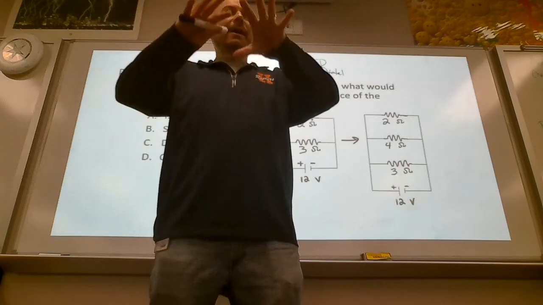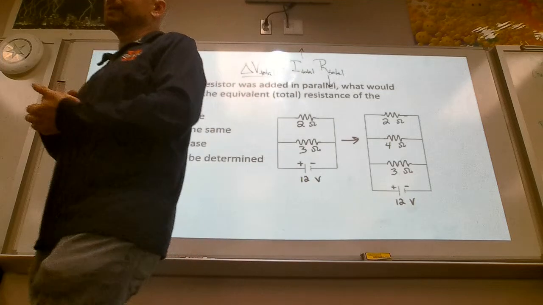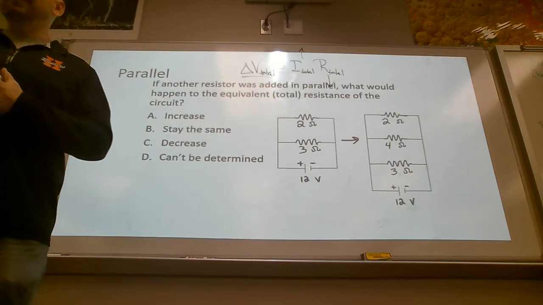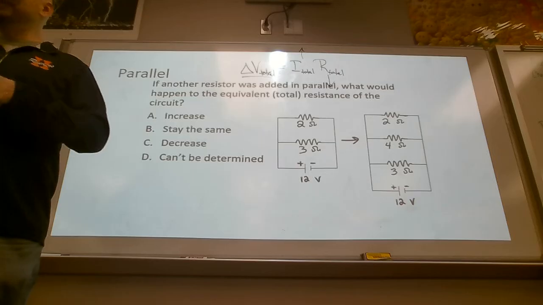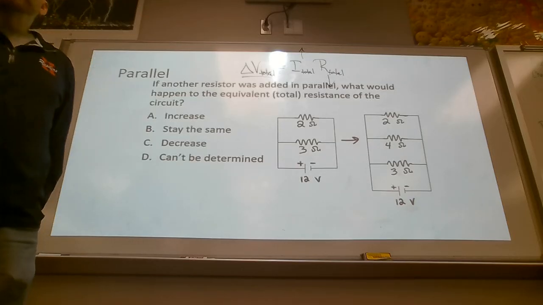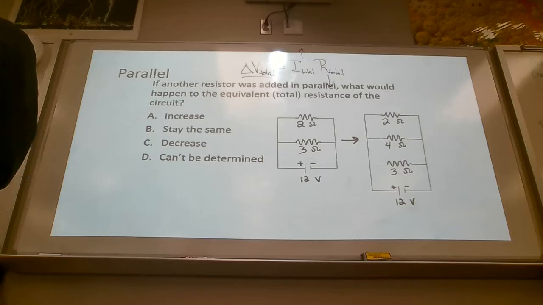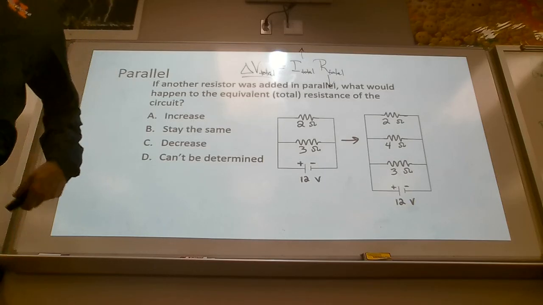More water is flowing out. The total resistance to drain the water tower is now decreased. You okay with that? I know it's counterintuitive. But you see why when you add another resistor. Think of it as adding another path for current to flow rather than adding a resistor. Okay?